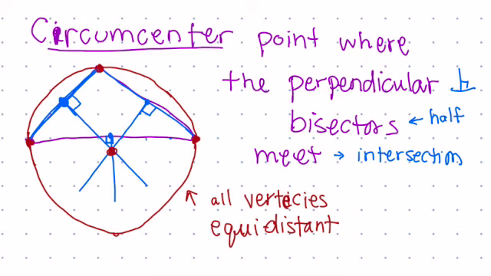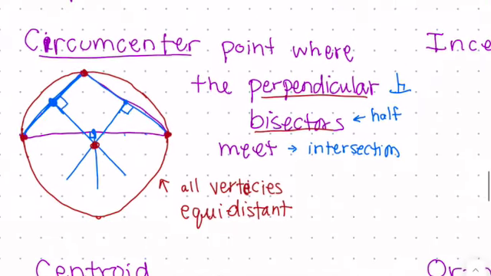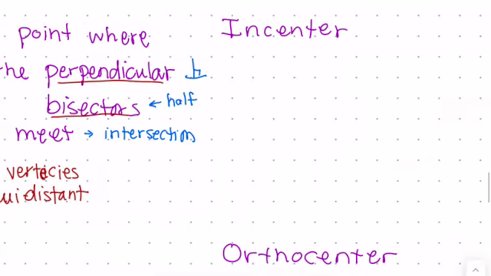The thing that you need to know is the circumcenter is where the perpendicular bisectors meet, right? If you needed to pause the video and write that down, you can. The next one is the incenter. I'm going to draw, again, just a triangle. Like this.